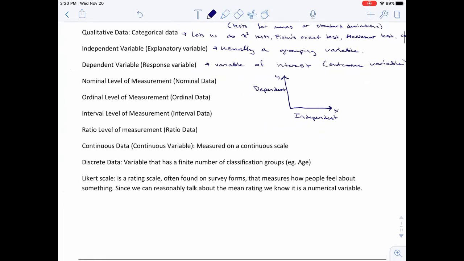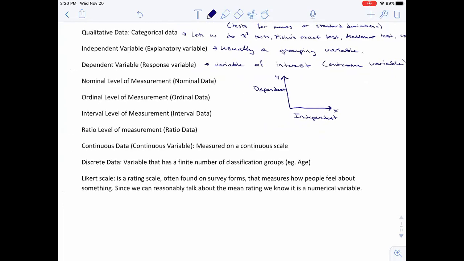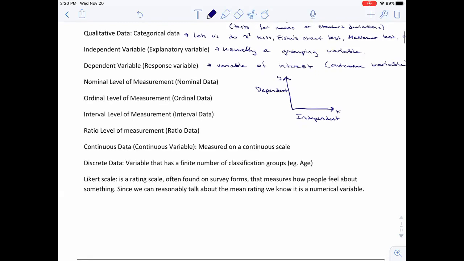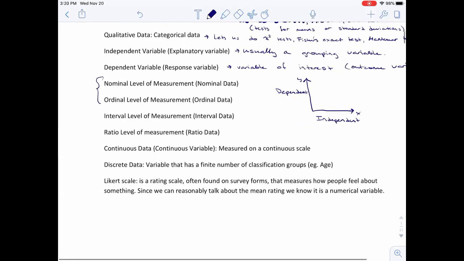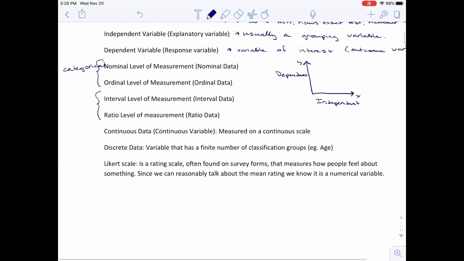We could look it up in the textbook just as well, and I think you guys know it better than I do. Because what I do is I've just grouped nominal and ordinal as categorical, and interval and ratio as numerical. And then I just kind of leave it be.